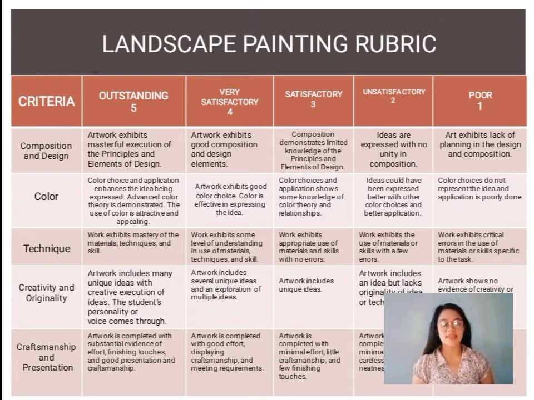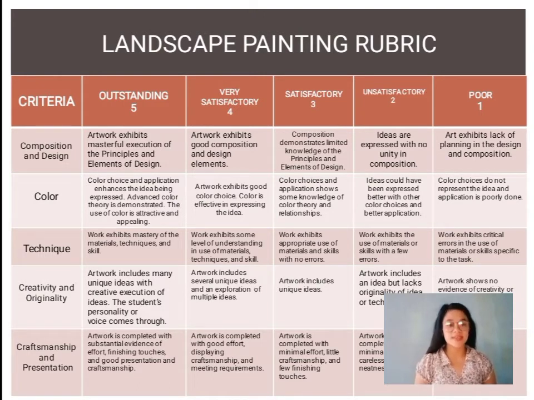Here we can see that in creativity and originality, outstanding is when the artwork includes many unique ideas with creative expression of ideas, and the student's personality or voice comes through. For very satisfactory, artwork includes several unique ideas and an exploration of multiple ideas.